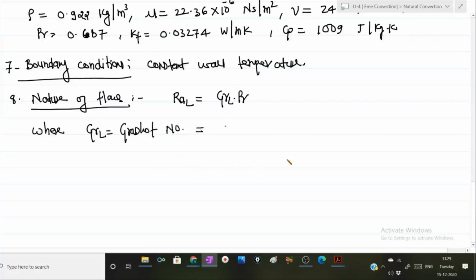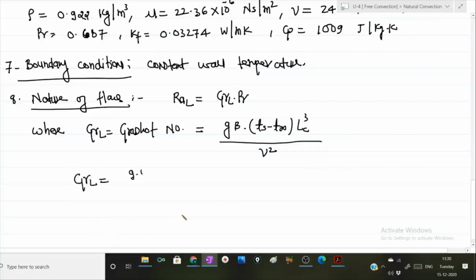So I do remember the formula, that is why I am writing it directly. Otherwise, you can refer data book. It is given as g beta into (Ts minus infinity) Lc cube over nu square. So this way I can calculate the Grashof number.